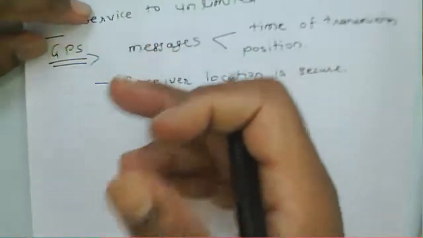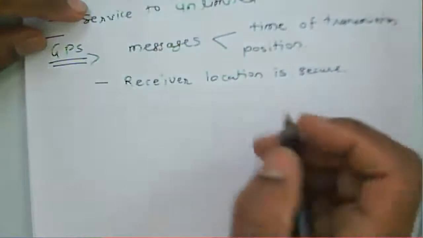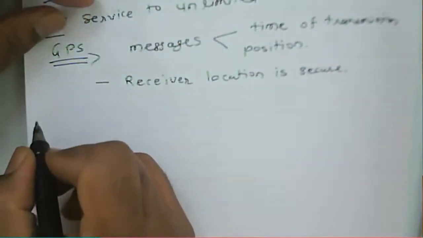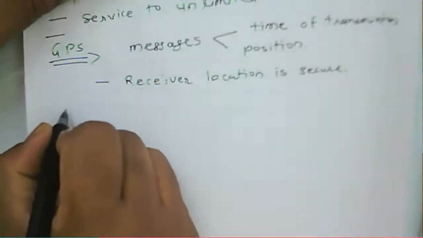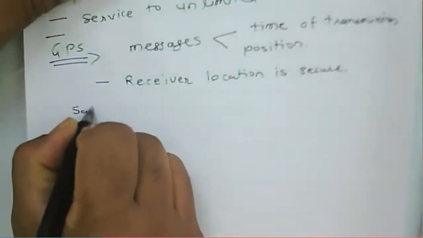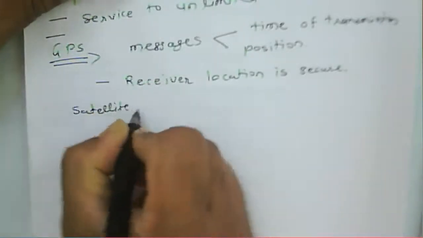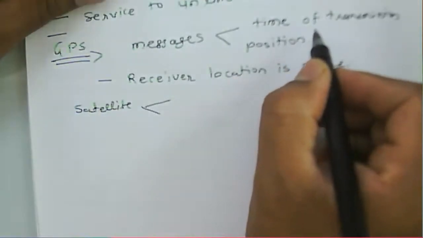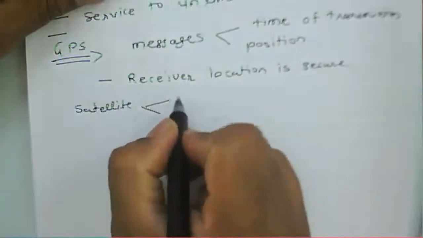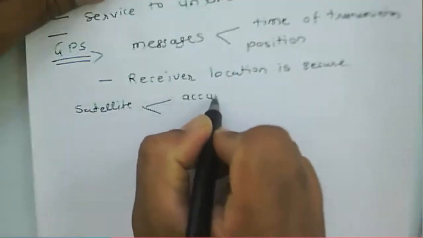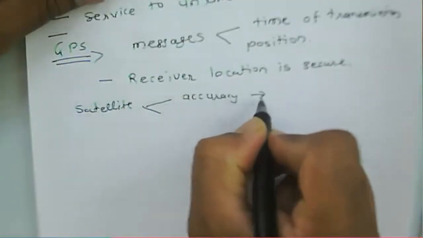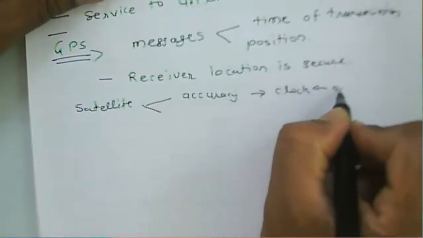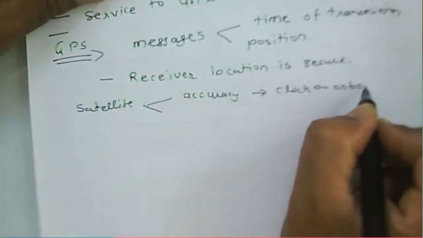Whichever clocks are present on the satellite, they are synchronized with the earth clock. So the satellite transmits timing information with accuracy because of the onboard clock.